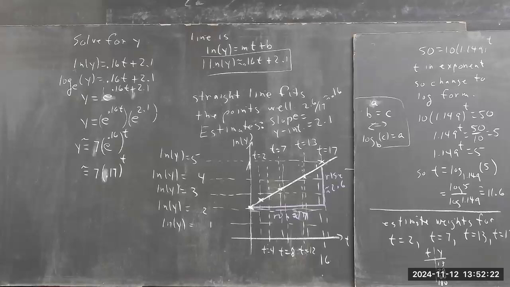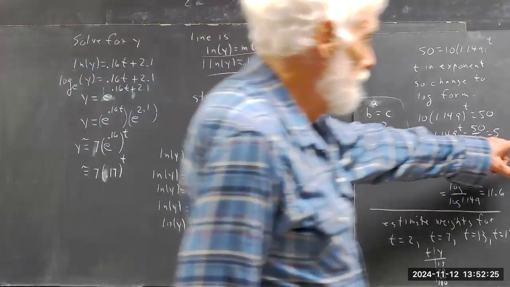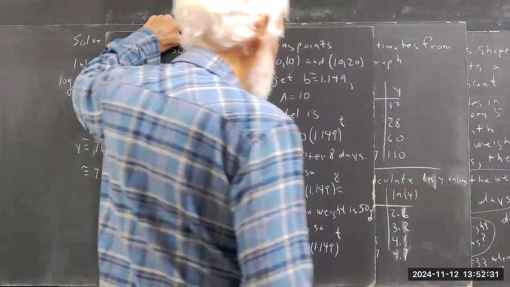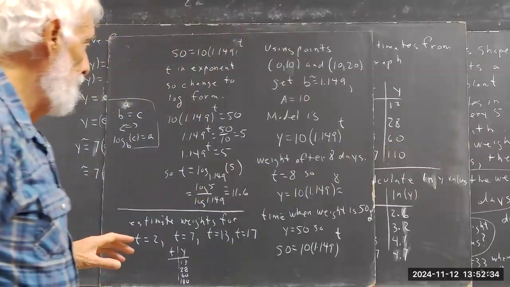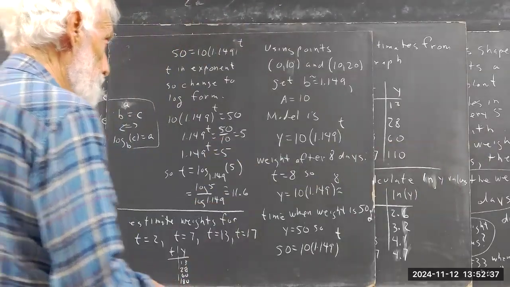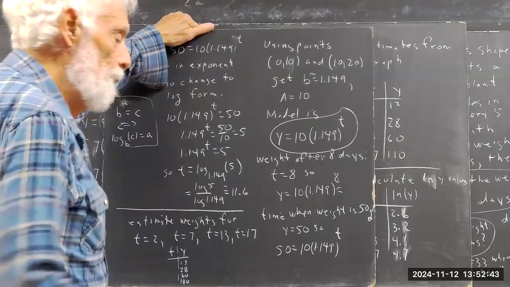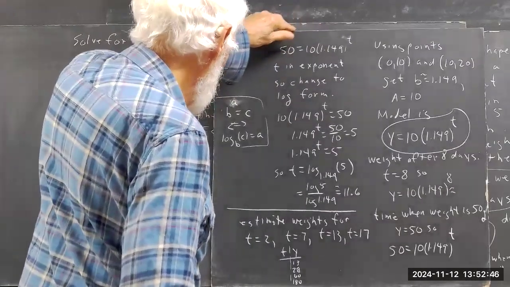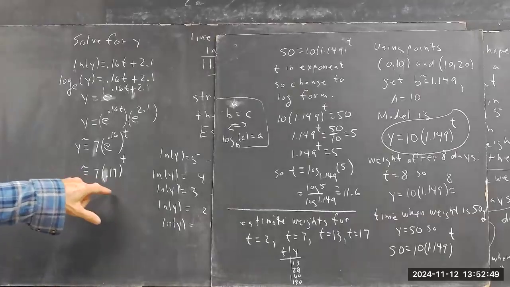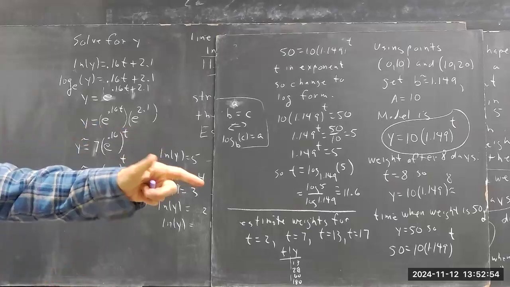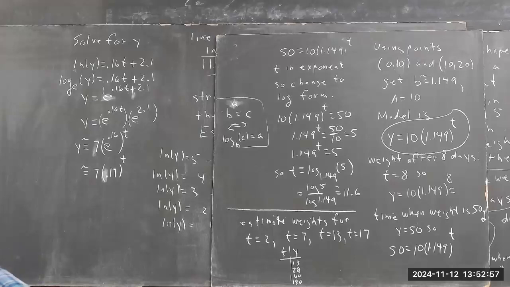Now, the model we got was 10 times 1.149 to the t. In other words, the function that we used for all of this, compared to the function I get when I do all this stuff, coming back around from estimates on the graph, isn't all that close, but it's not all that far away, right? So if I made a slight error in estimating the slope of my graph, or in estimating points from my graph, it's not going to work out that well.